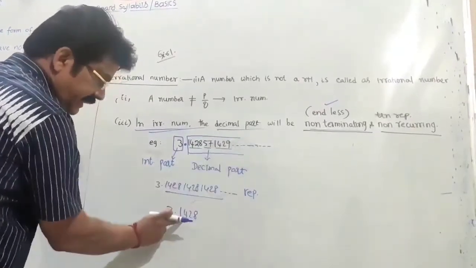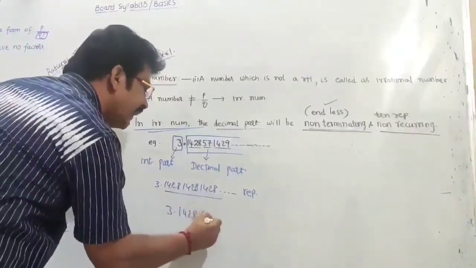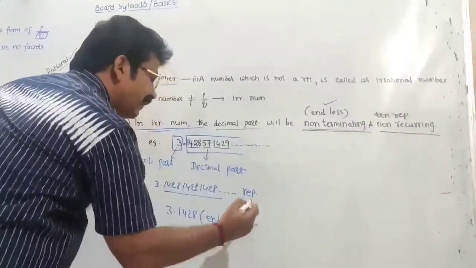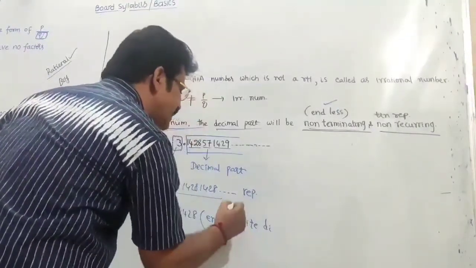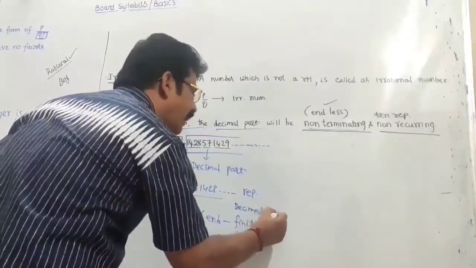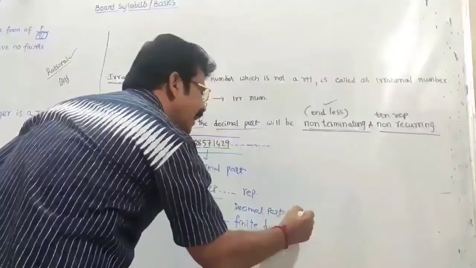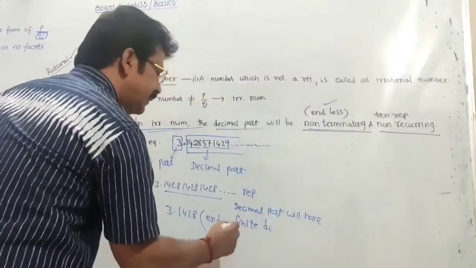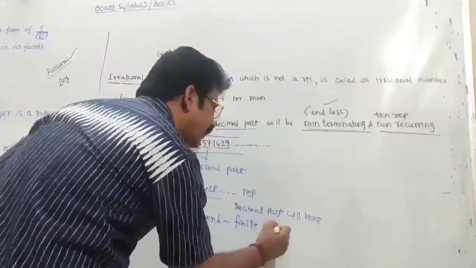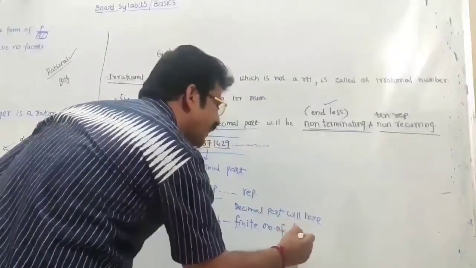End means finite digits, meaning the decimal part will have a finite number of digits.